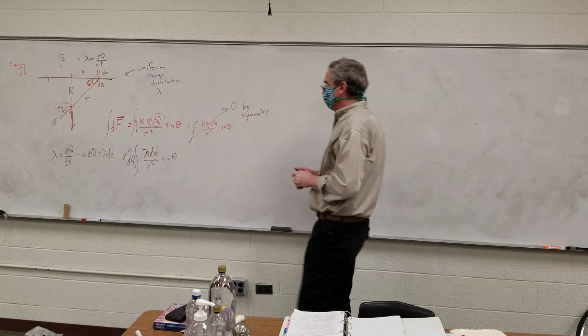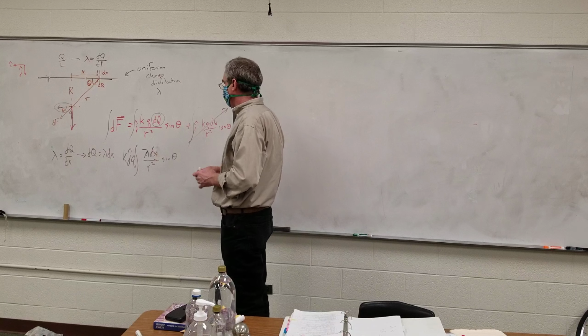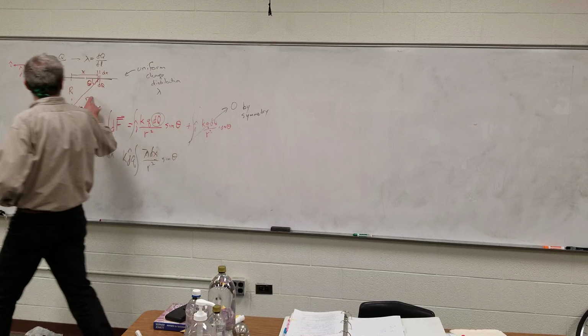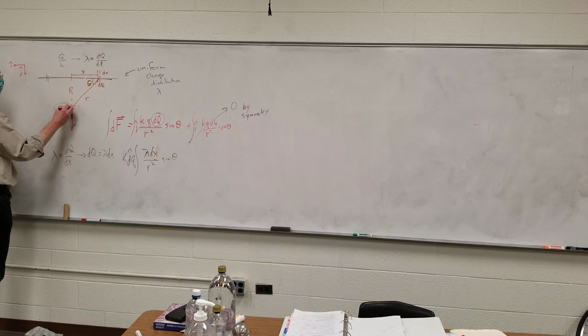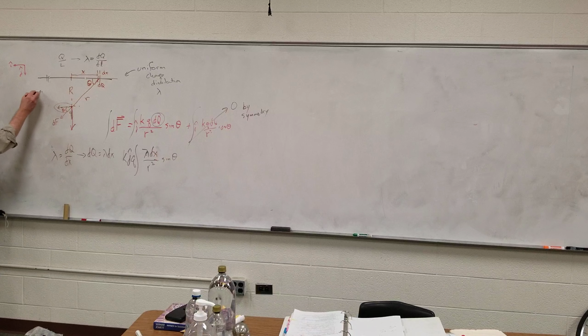All right. Lambda's constant, so I can pull that out front. And R is this right here. This distance from here to here is big R. I basically have a right triangle. I have big R, little r as the hypotenuse. That's a right angle. And this is x. So I have a relationship between x and r.